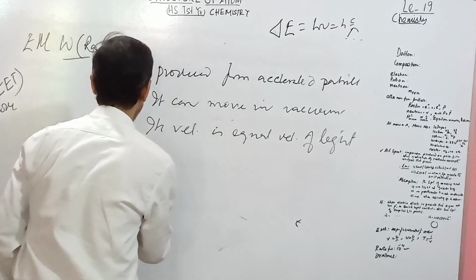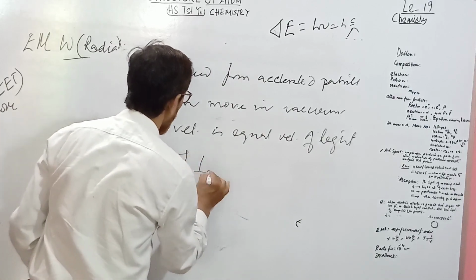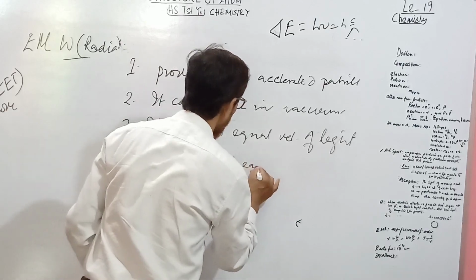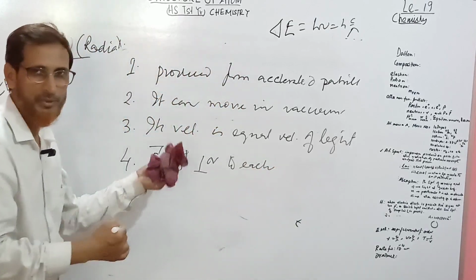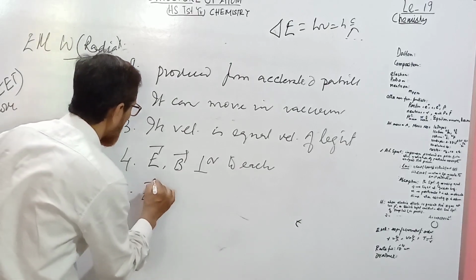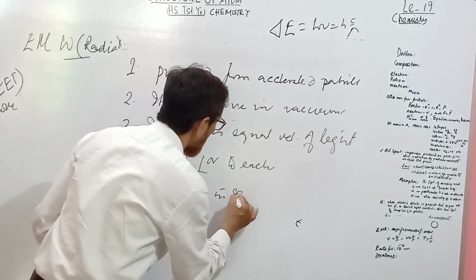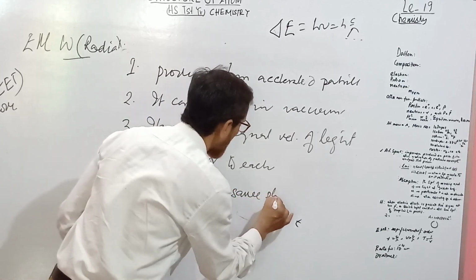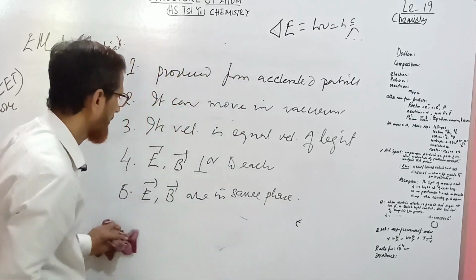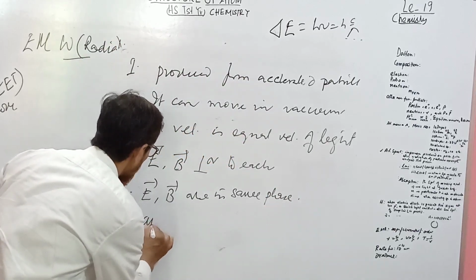It has electric and magnetic fields perpendicular to each other, and both the fields are perpendicular to the path of propagation. Next, the electric field and magnetic field are in the same phase. Am I right?